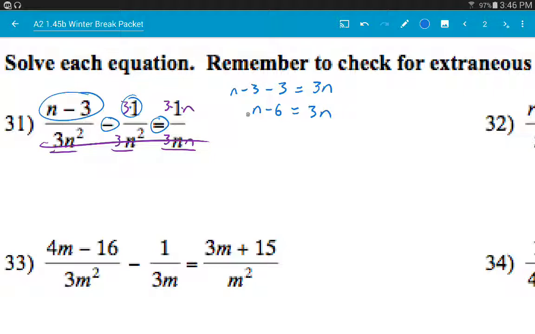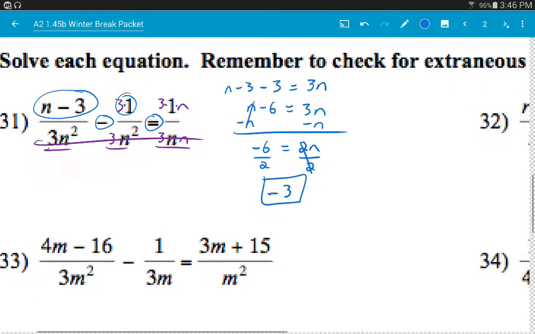And I want to get the n's by themselves, so let me minus n to bring this one over. So I get -6 is equal to 3 minus 1 is 2n. And I'll divide both sides by 2 to get the n by itself. Sorry, -6 over 2 is -3.